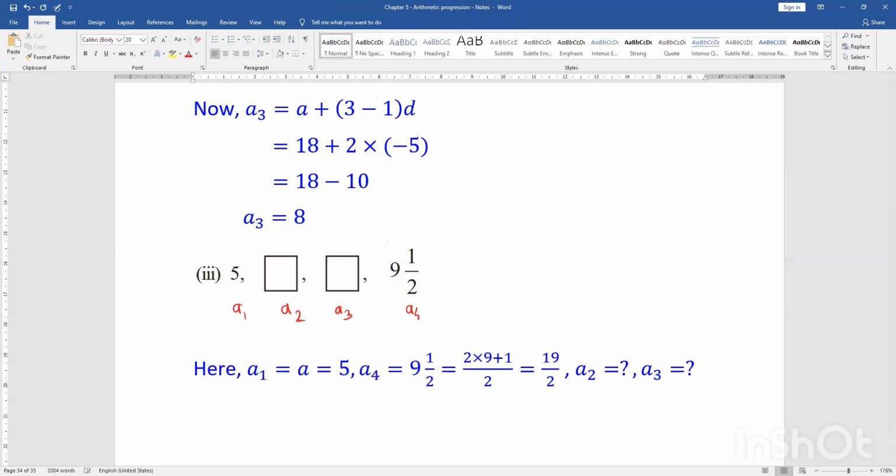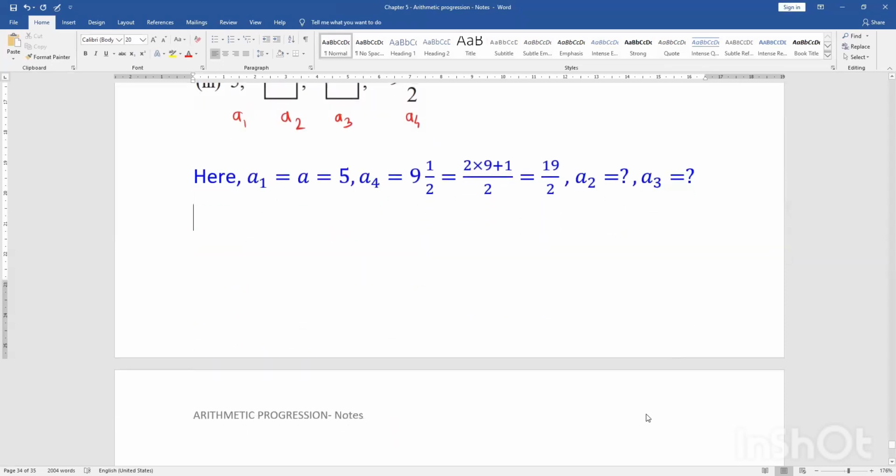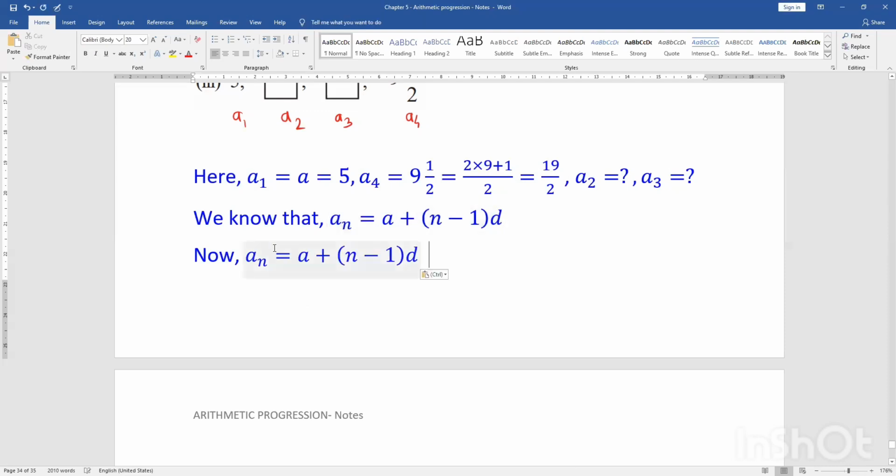Now let us write a formula. So we know that an is equal to a plus n minus 1 into d, correct? Now I am going to take the same formula and do substitution. Now we have a4, so instead of n, I write 4.